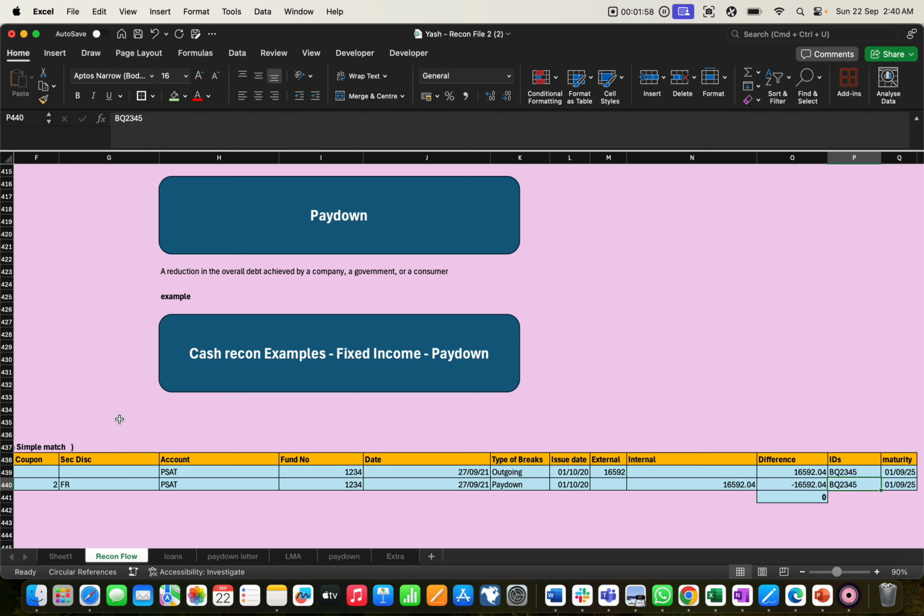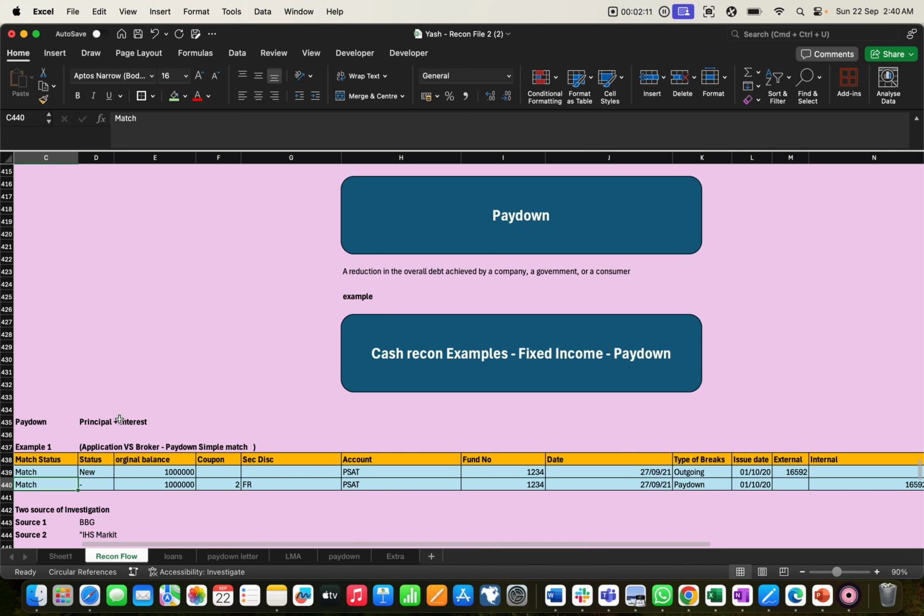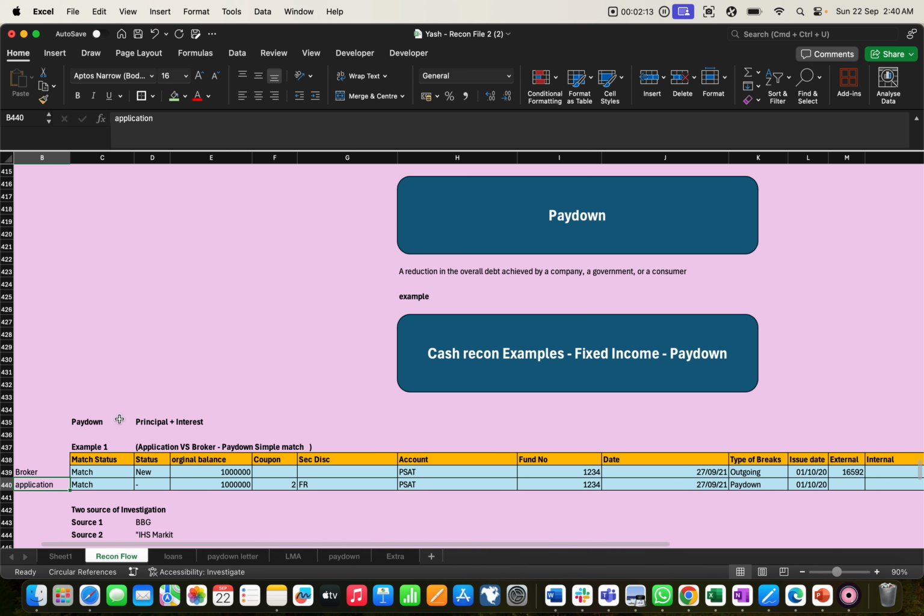Slowly in this video I will correlate how this date, issue date, the investment name, coupon, and original balance are inserted in this break.